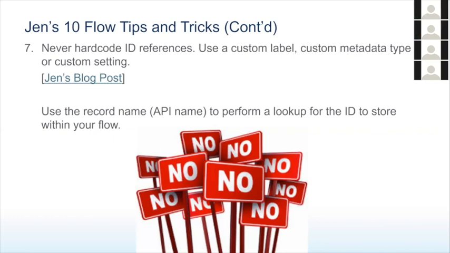So where possible, you can reference the custom label, custom metadata type, custom setting, or do a lookup using the record API name, because most likely your API name won't change, right? To do a lookup to get the ID and then reference it. So there's 2 things: either use custom label, custom metadata type, custom settings, or do a record lookup to get the ID.